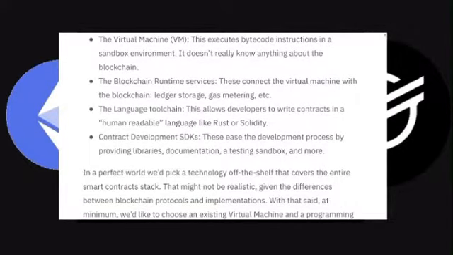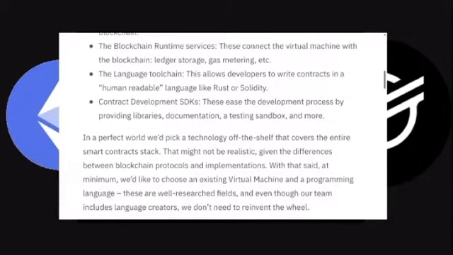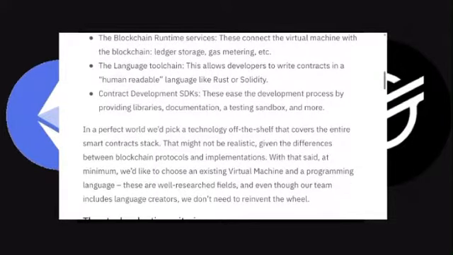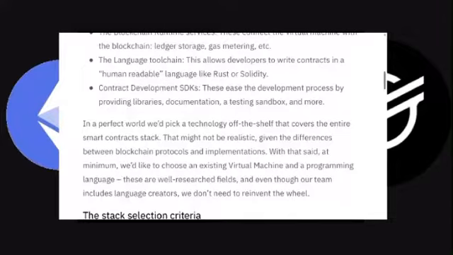This allows developers to write contracts in a human readable language like Rust, Solidity, and so on. When I think Rust, I think Ada, or Solana. When I think Solidity, I think Ethereum, another Ethereum-based smart contracts, EOS. Contract development SDKs. These ease the development process by providing libraries, documentation, test sandbox, and more.